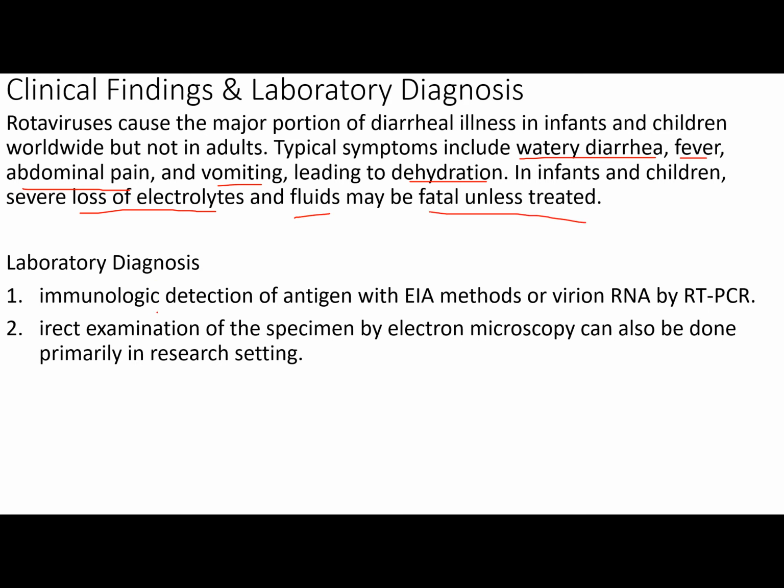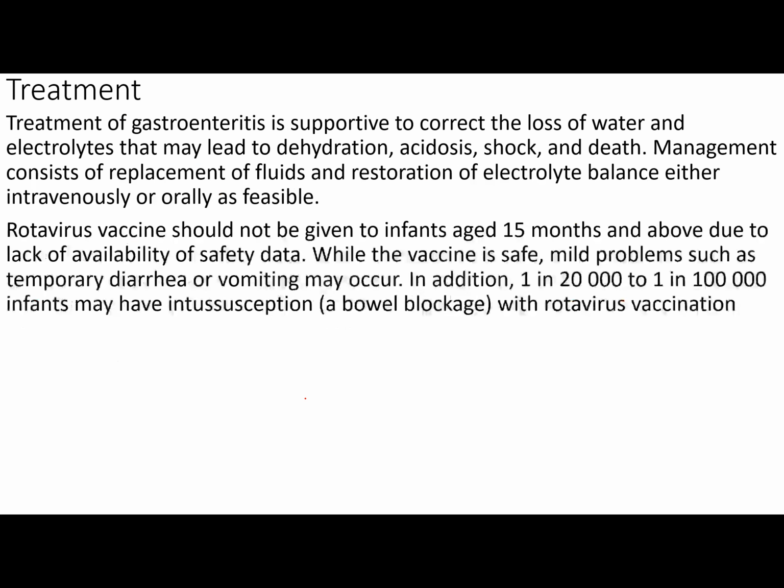Lab diagnosis, class, immunologic detection of antigen with enzyme immunoassay methods or virion RNA via RT-PCR. Then we have also direct examination of the specimen by electron microscopy, which could also be done in a research setting. Treatment, class, is like all other diarrheas, class.